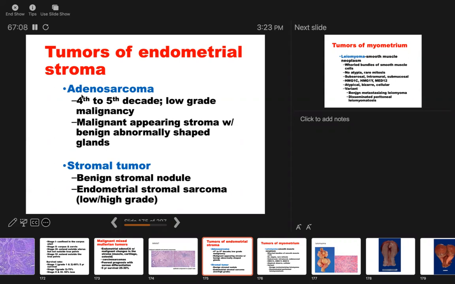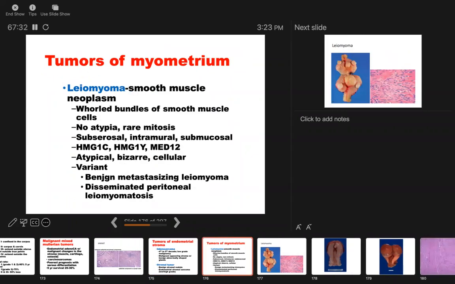Again, benign glands, malignant stroma. We're talking of stromal tumors, okay? In the stromal tumor category, you have benign stromal nodules and also endometrial stromal sarcoma, which is further subdivided into low-grade or high-grade. Now, let's talk about the myometrium, and I want to use pictures instead.